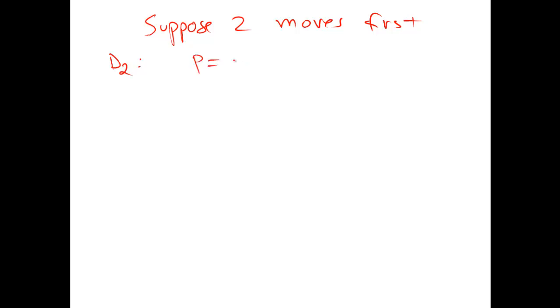Let's start with the general version, P equals 100 minus Q1 minus Q2. The idea here is that firm 2 knows how firm 1 would react to what firm 2 does, because firm 2 knows that firm 1's reaction curve is Q1 equals 45 minus 1/2 Q2.